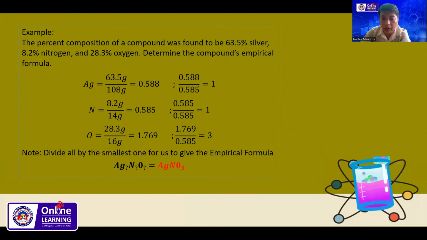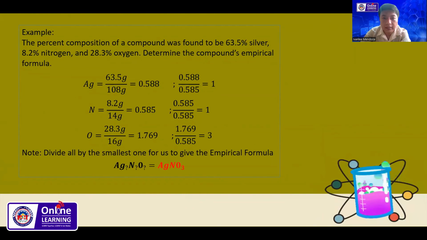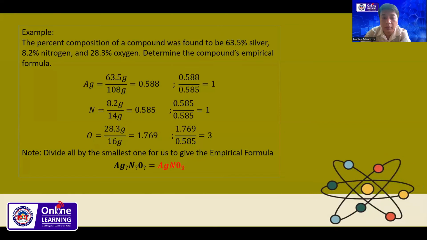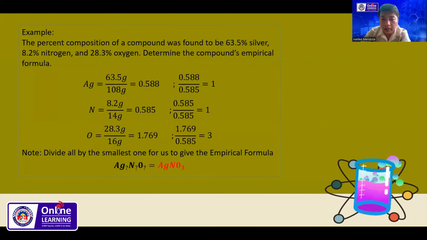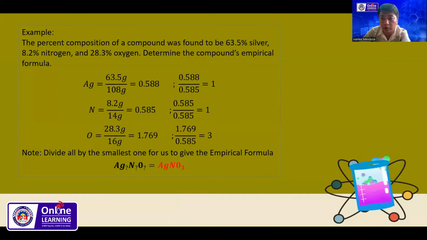Now, since we already identified the values, we can write the empirical formula. Since the elements are silver, nitrogen, and oxygen, by using those values we can now write the final answer for the empirical formula. For the silver, we have Ag.